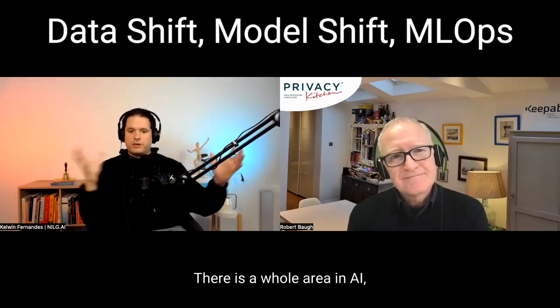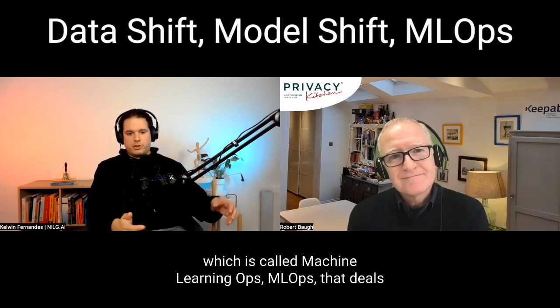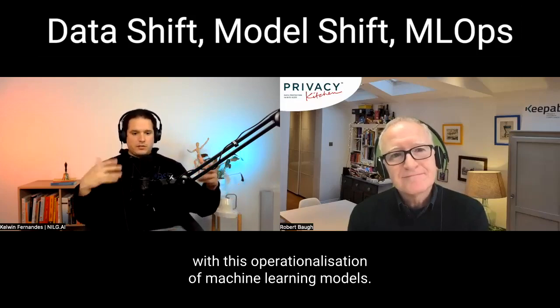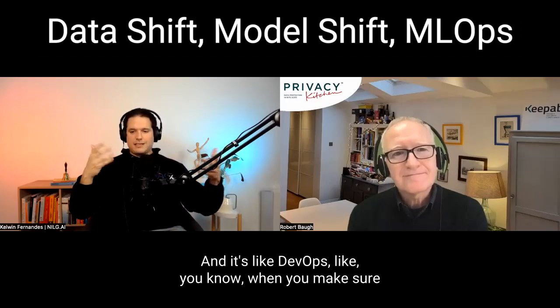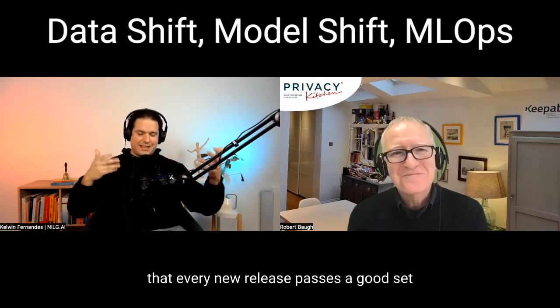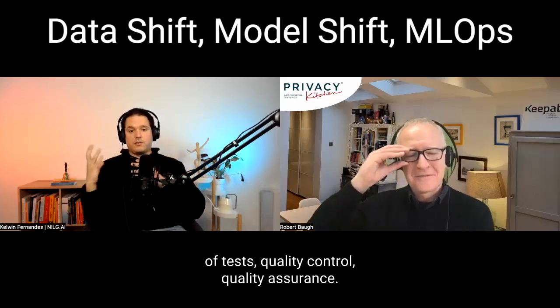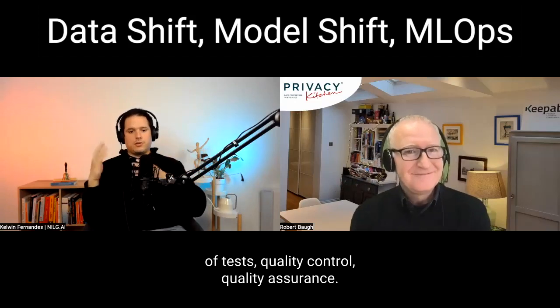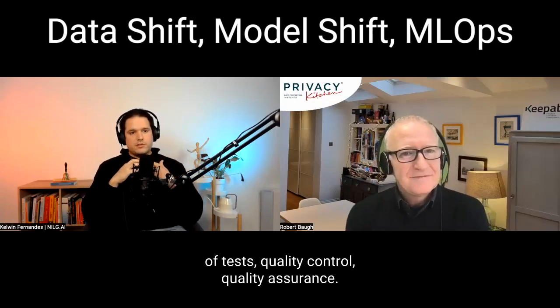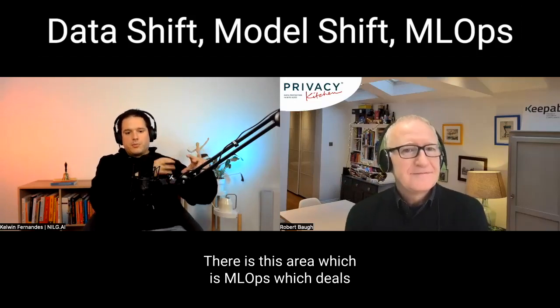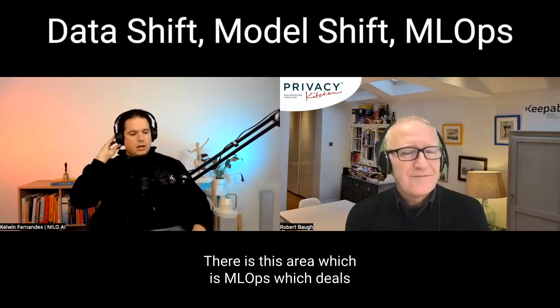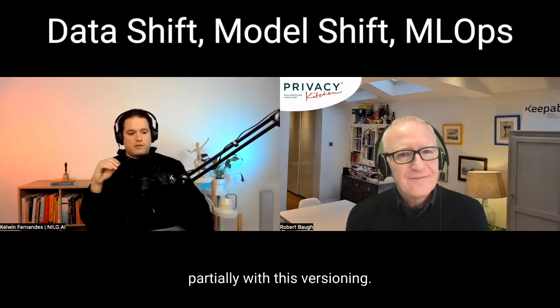There is a whole area in AI called machine learning ops, MLOps, that deals with this operationalization of machine learning models. It's like DevOps, when you make sure that every new release passes a good set of tests, quality control, quality assurance. MLOps deals partially with this versioning.